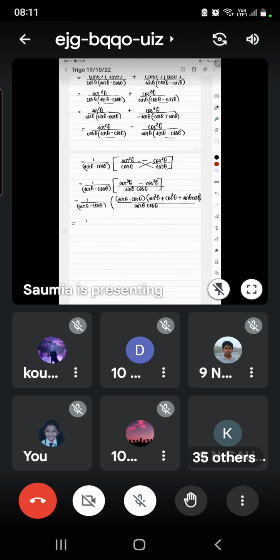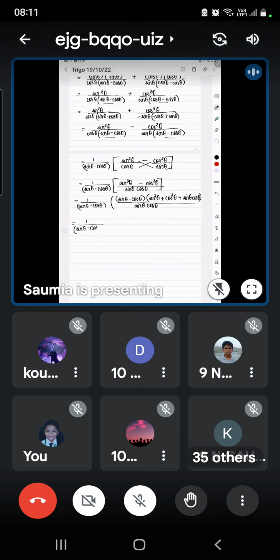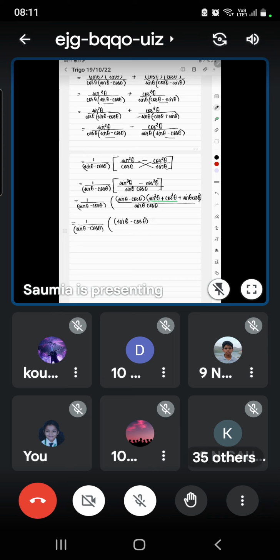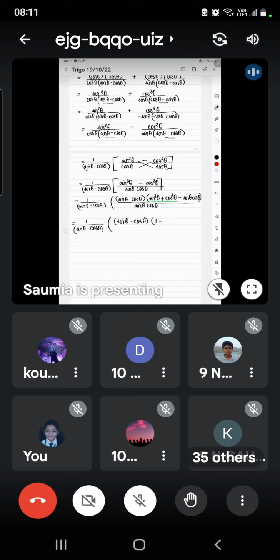Yes, ma'am. Now what do you observe in the numerator? Can I write 1 instead of this? Yes, because identity says sine square theta plus cos square theta is equal to 1. So instead of that, I have written 1.